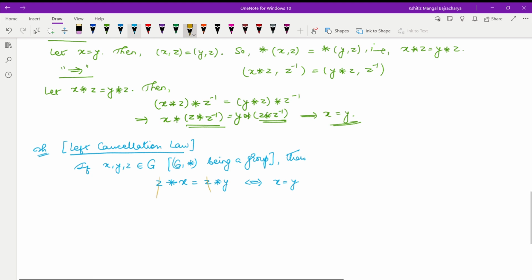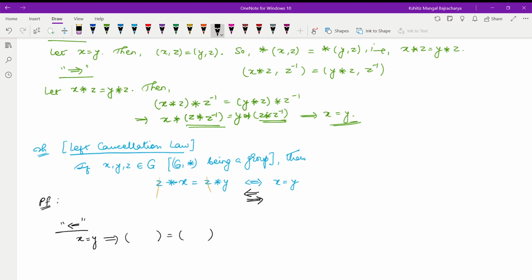Alright, to prove this, let's consider this part first, then we're going to consider the other part. To prove this part, x equal to y implies that these ordered pairs are equal.